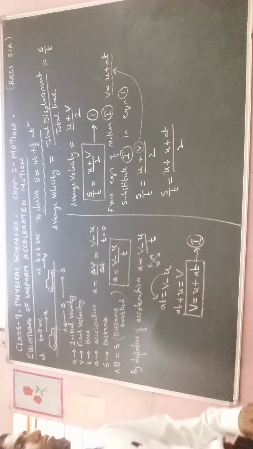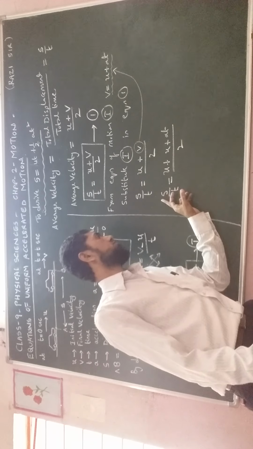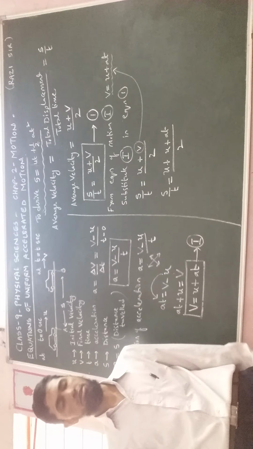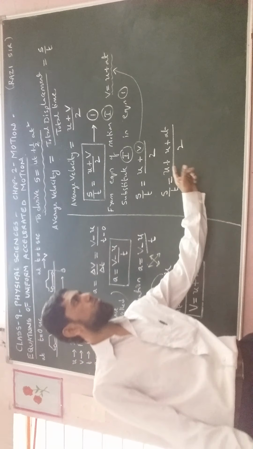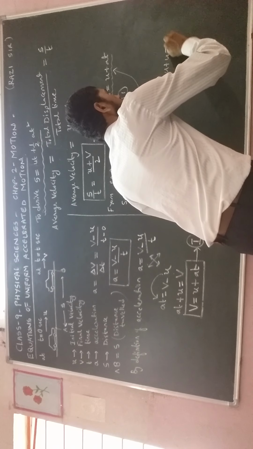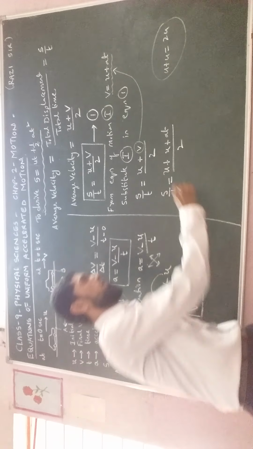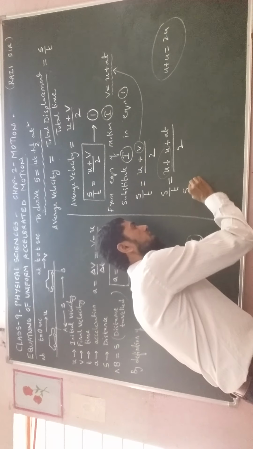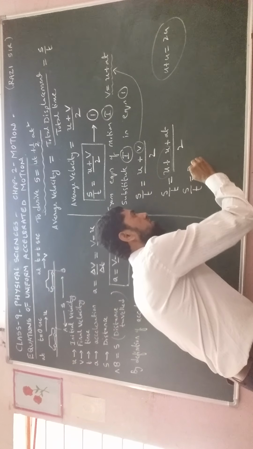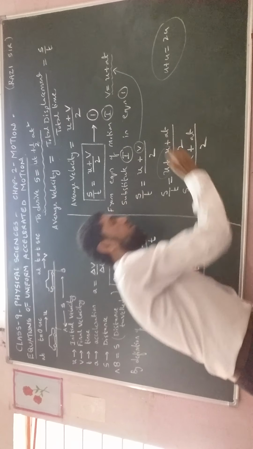So we have u twice here. What is u plus u? It is 2u. So we get S by t is equal to 2u plus at by 2.